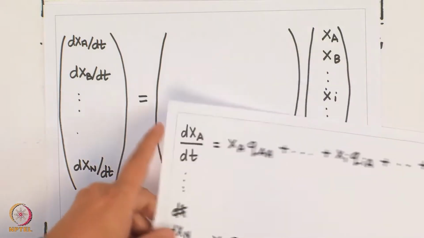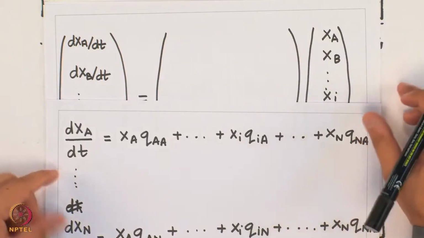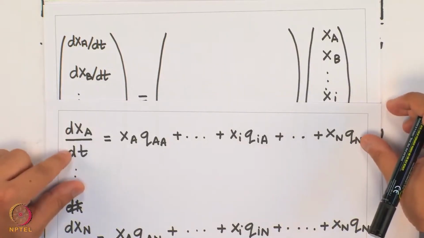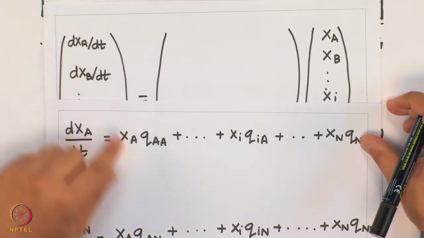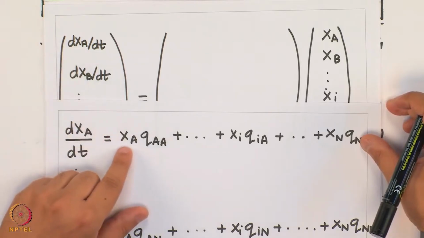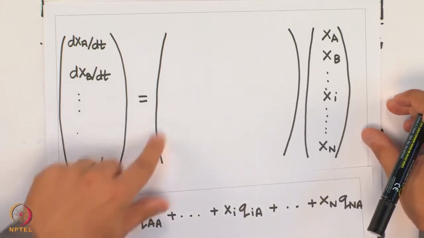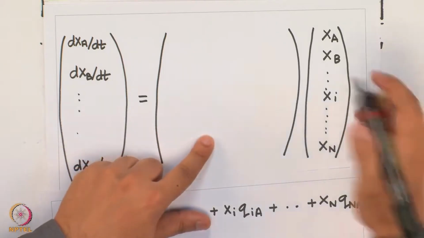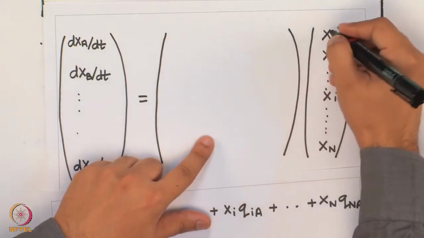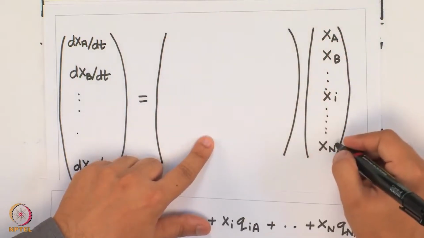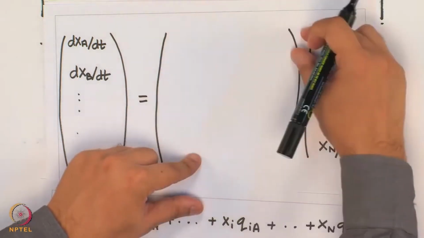Let me look at my first equation. My first equation is dxA by dt, which is this entry, and the first term is that xA gets multiplied with qAA. Remember that when a matrix is multiplied with a vector, the first row multiplies with the column vector, and that gives me the first entry here.